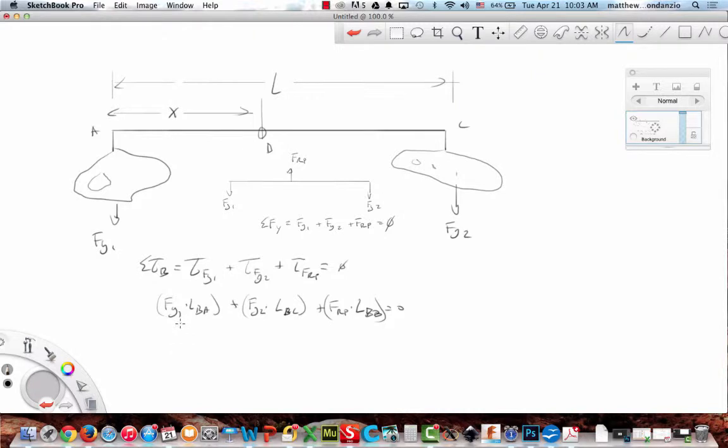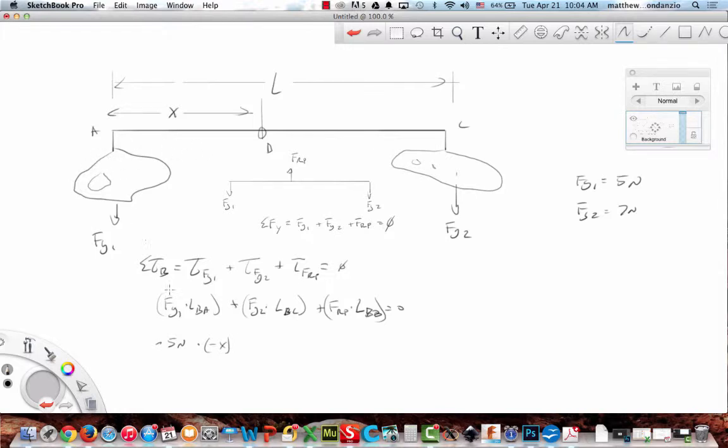Okay, so let's assume that we knew the masses of each one. Fg1 is going to be 5 newtons, and Fg2 is going to be 7 newtons. So Fg1 is negative 5 newtons times a negative x, because the length from B to A is x, but negative.